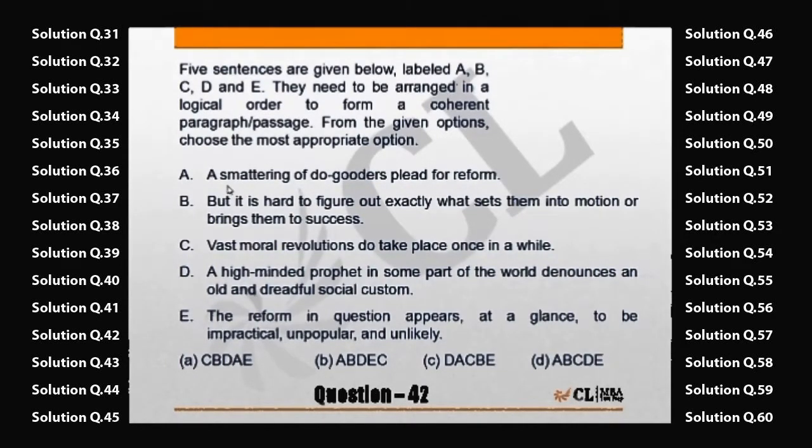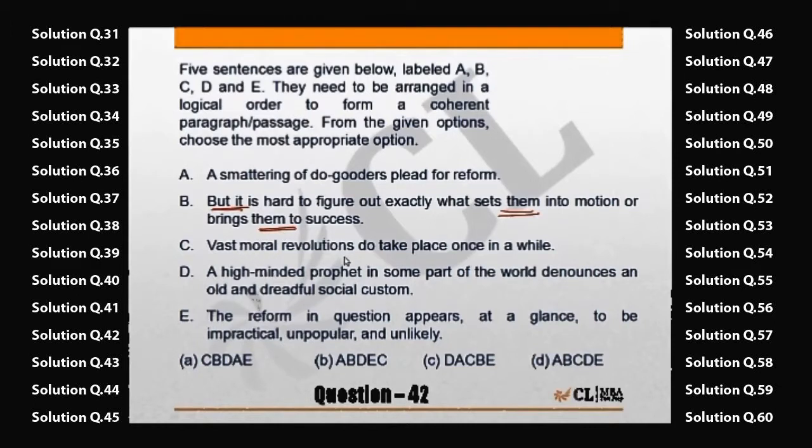Question 42. Another question of parajumbles, much shorter statements in this case. Let's quickly go through the statements. A: A smattering of do-gooders plead for reform, but it is hard to figure out exactly what sets them into motion or brings them to success. But that means something to the contrary should have happened before it. What sets them into motion, who or what is this them, we need to find out.